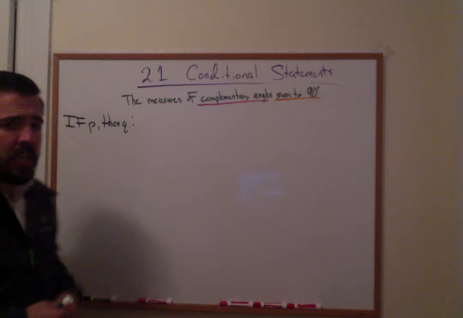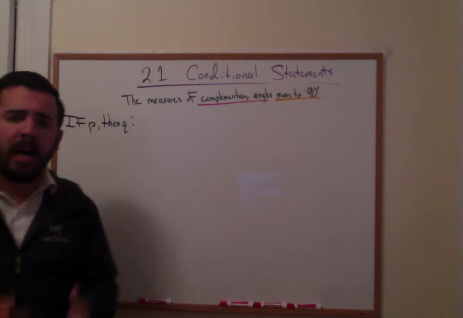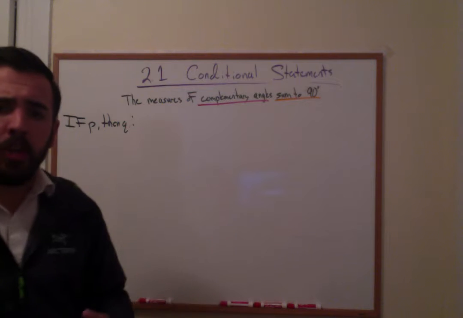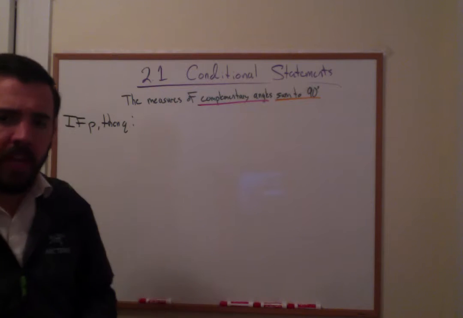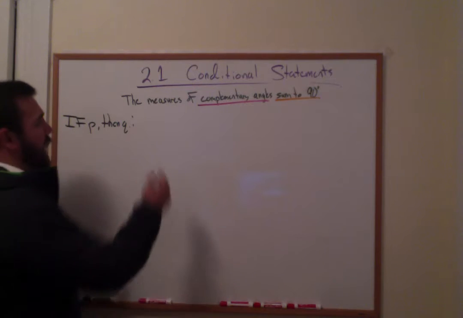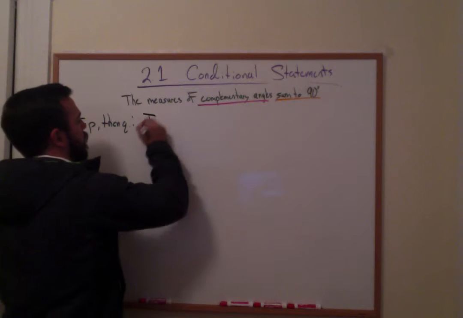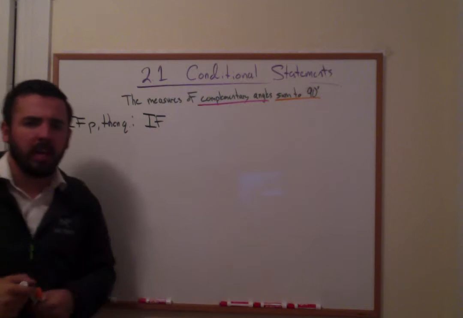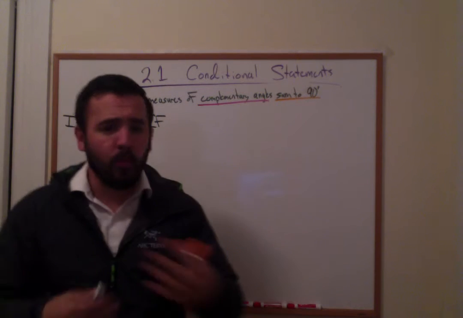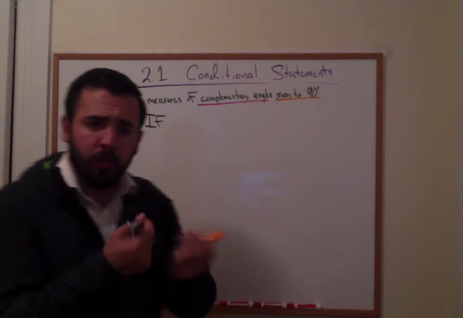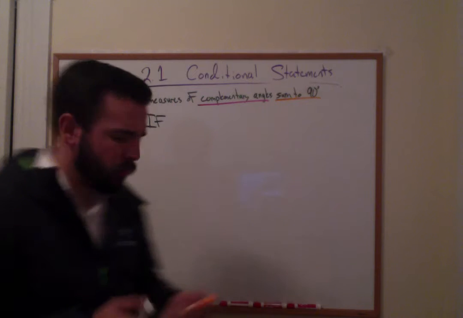The variable P represents the hypothesis of a conditional statement, and Q represents the conclusion of a conditional statement. So, we have if, our hypothesis had to do with complementary angles. Now, sometimes you might have to reword things a little bit. Maybe add a word, restructure the phrasing so it makes sense and flows.